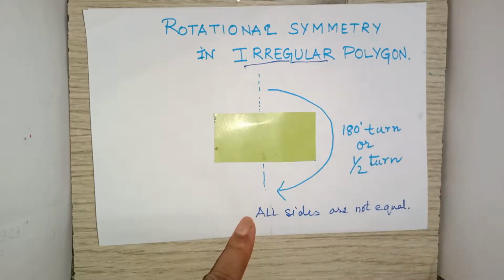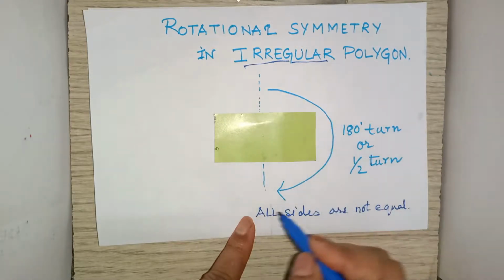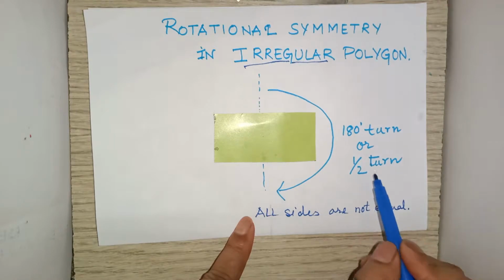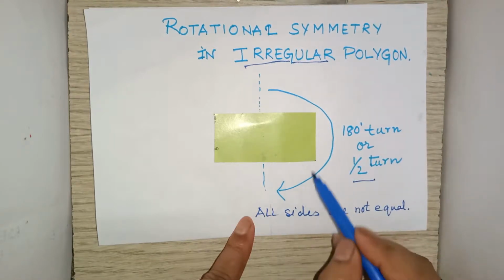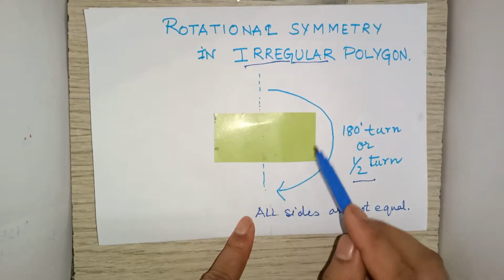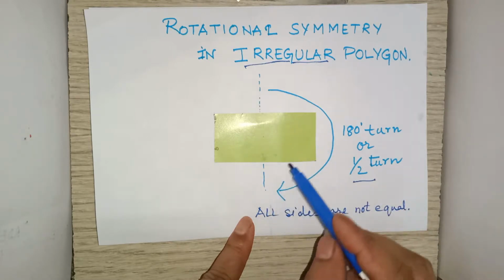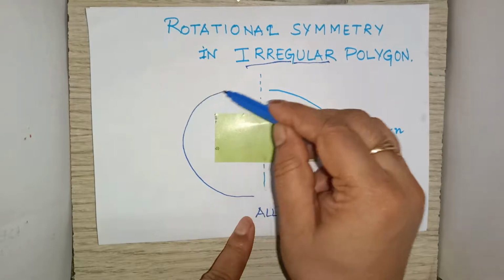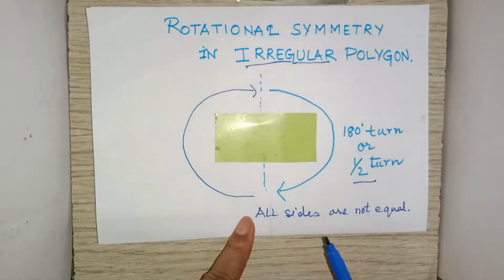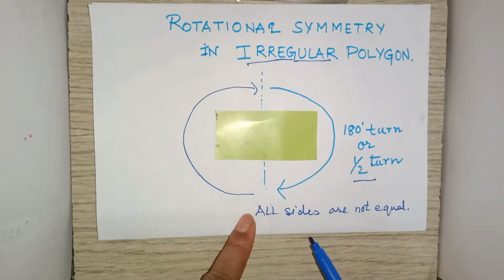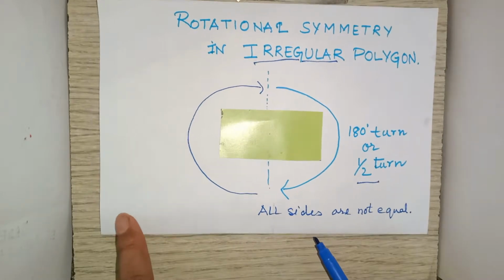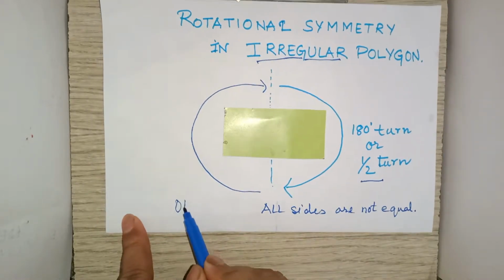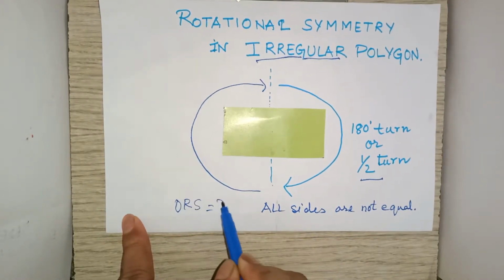Now here children, when you rotate it by 180 degrees, or when you give it a half turn, you will get its original shape. You will also get its original shape when you rotate it from its original position by 360 degrees. So here children, the order of rotational symmetry is 2.